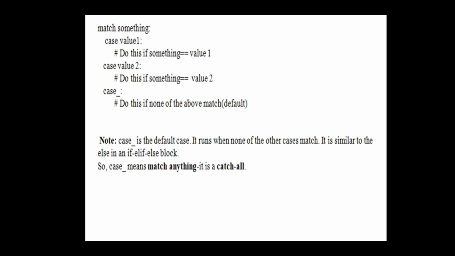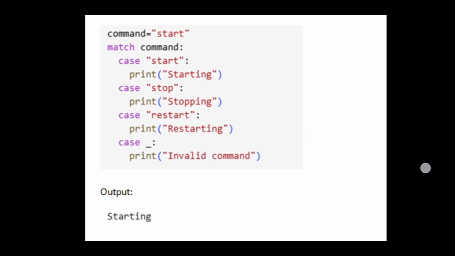So here case underscore is the default case. It runs when none of the other cases match. It is similar to the else in an if elif else block. So case underscore means match anything. It is a catch all.